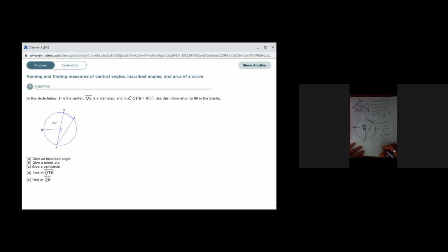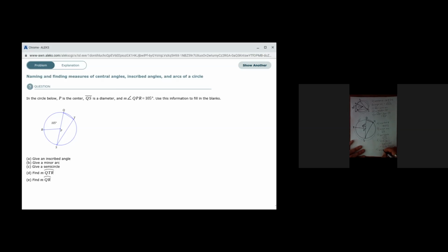So the measure of arc QTR is 360 minus 105, which is 255 degrees.